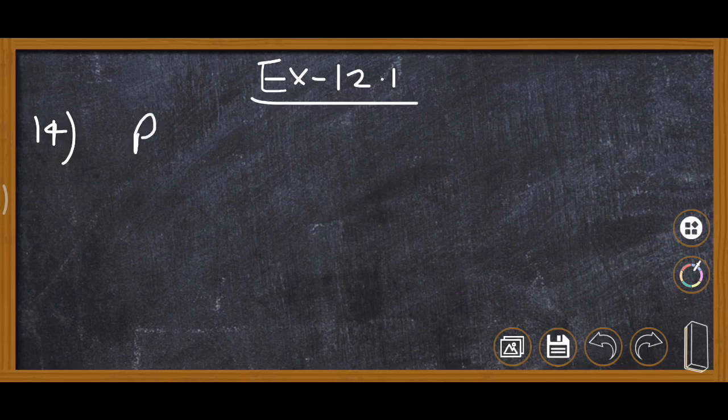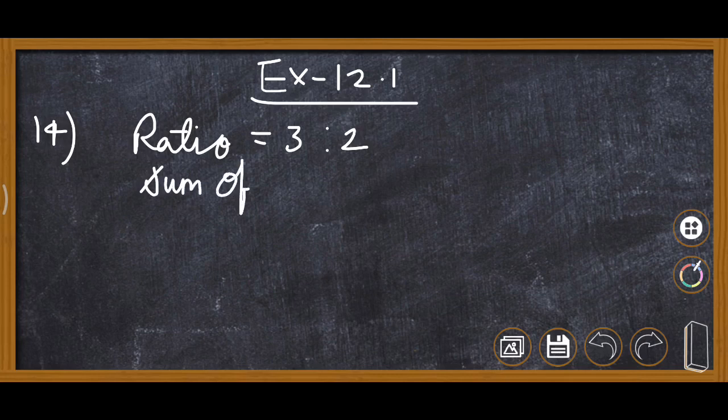So here the ratio is 3:2. Now we will find the sum of the ratio. This is 3 plus 2 is equal to 5.